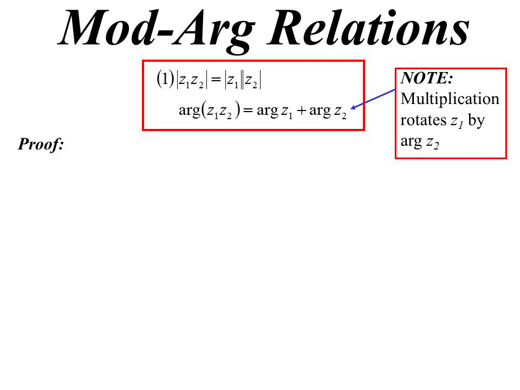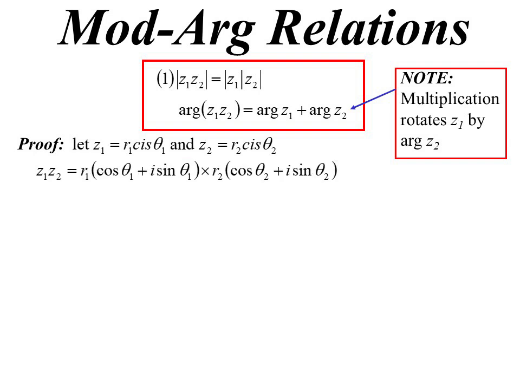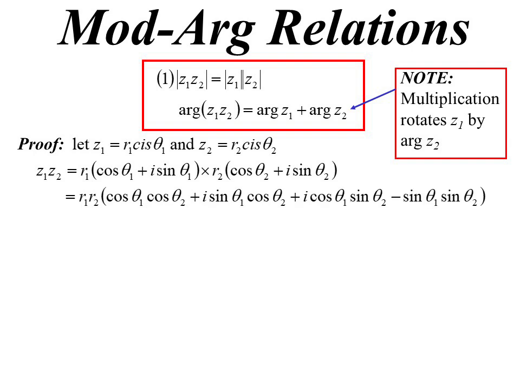Let's just prove that, just in case you don't believe me for some reason. Well, I'll let z1 be r1 cis theta 1 and z2 be r2 cis theta 2, in the mod-arg form. If I was to multiply those two things together, well, the first part's very easy to show because r1 times r2, r1 r2. The other bit with the argument, okay, let's expand out.